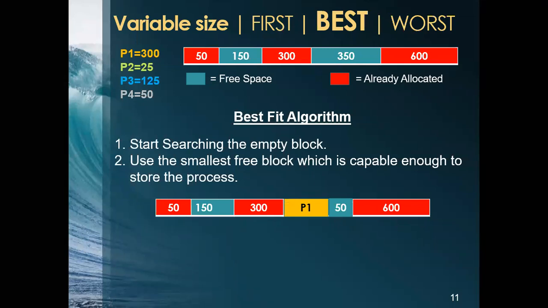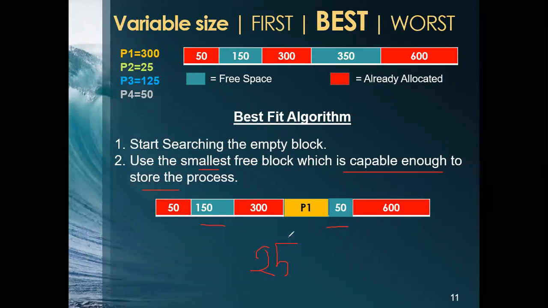Now for the second one, P2, we have two options: we can store P2 here or here. In the first fit algorithm, we stored P2 here. But in this one, we have to see the second condition: given multiple available spaces, that is 150 and 50, and we need only 25, which one is smallest but capable enough to store the process?